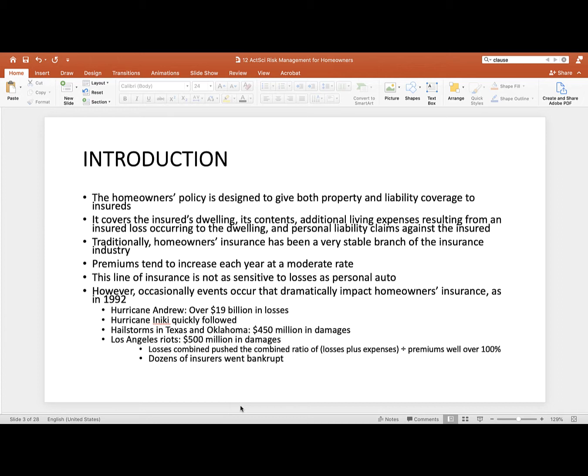If it goes over 100%, like to 105%, 150 or 160%, which it often does when there's a big catastrophe, that means that for every dollar you're bringing in, you're paying out $1.60. So as you can imagine, many insurers actually went bankrupt when these losses came to be.